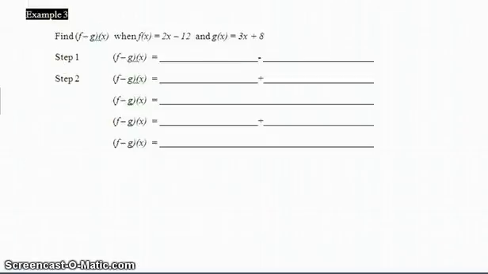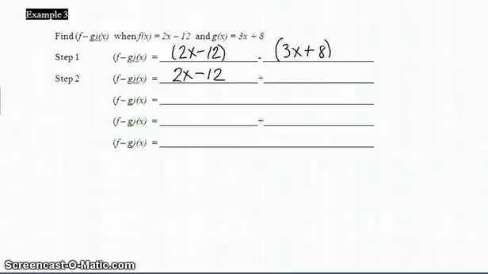Okay, we first write our functions, replace the function names with the equivalent expressions. Next, we're going to write the first function just straight down. We're not going to do anything to it.